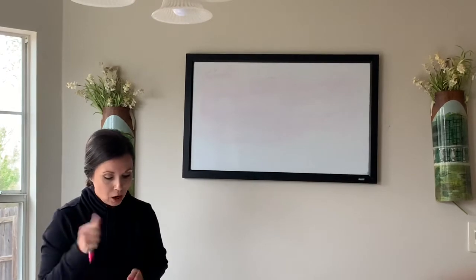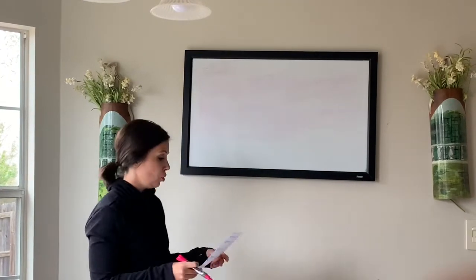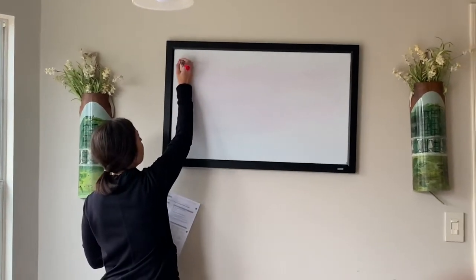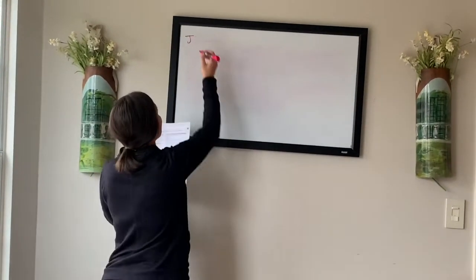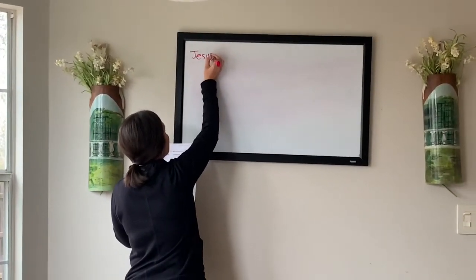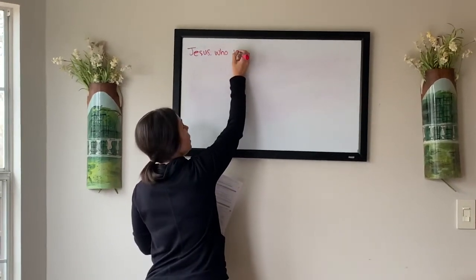Okay. Our sentence is, Jesus, who watches him, wept, for he loves to find lost sheep. Did you hear that verbal? Did you hear that infinitive? To find lost sheep. Okay, so Jesus, who watches him. So what does that tell you?